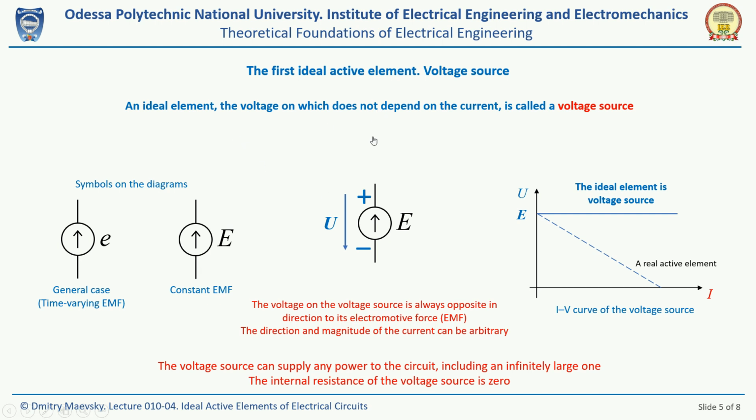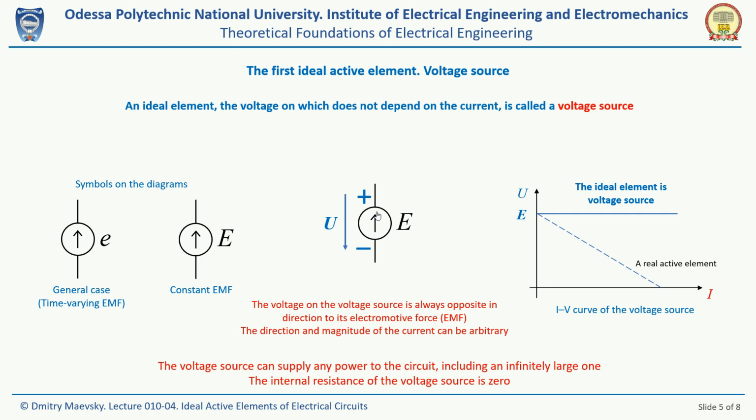Thus, the voltage on the terminal of the voltage source is always directed opposite to its electromotive force. This is very important to understand and remember, because we will meet the voltage source very often.